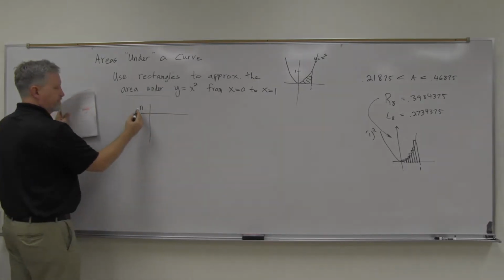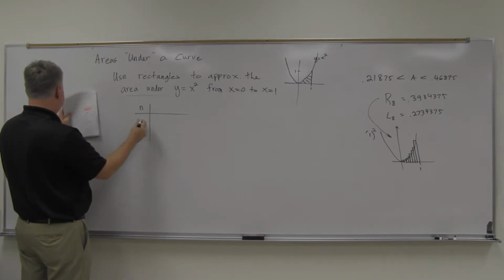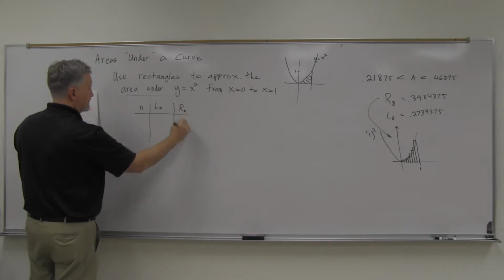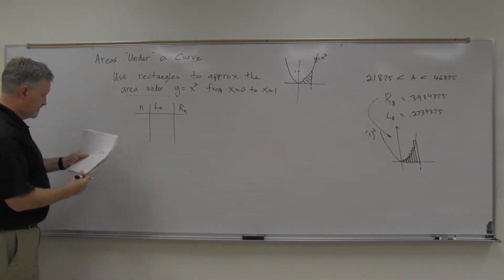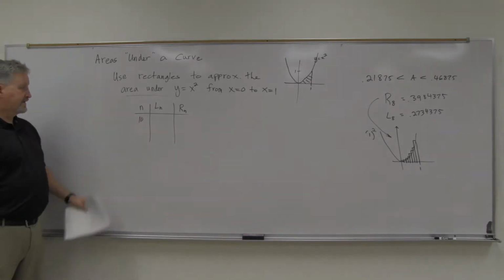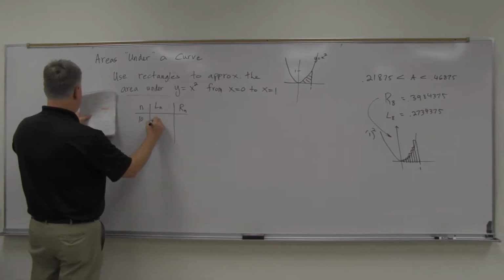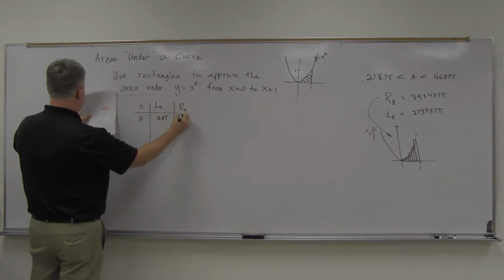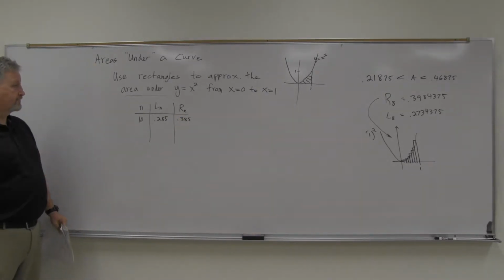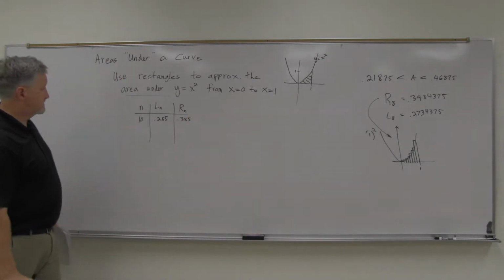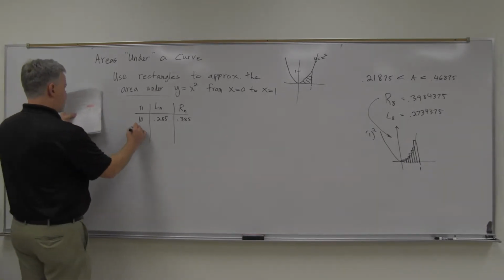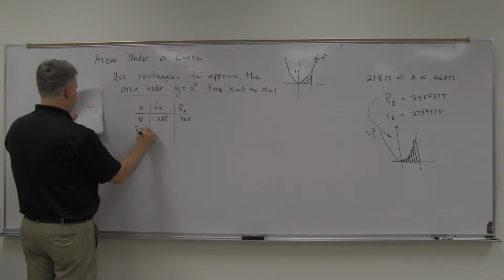If we use n rectangles or subintervals, they computed L sub n and R sub n for us, because these would be hard to do without a computer. If I've got 10 rectangles, L sub n is 0.285 and R sub n is 0.385. That's even better than the 8s, a little bit. Shrinking in closer there.